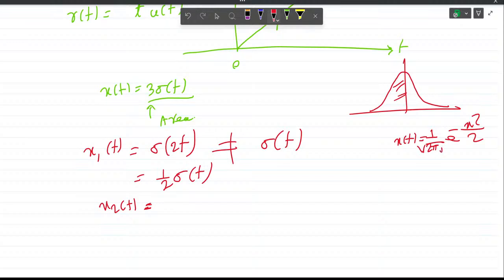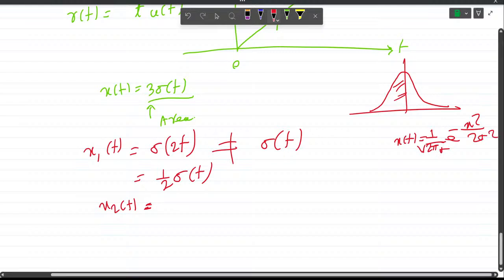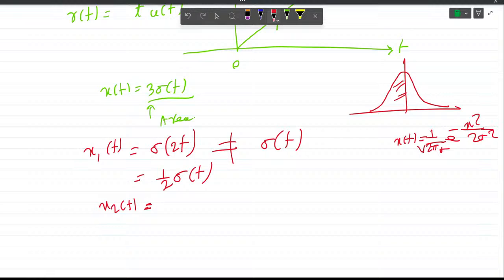Here is your sigma, and this is your sigma squared, the variance. What happens when you decrease the variance? The area remains 1, because you know for a distribution function the area remains 1, but it keeps spiking. Let me show you.